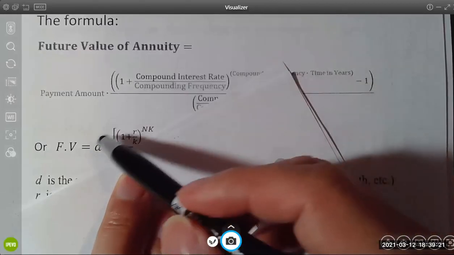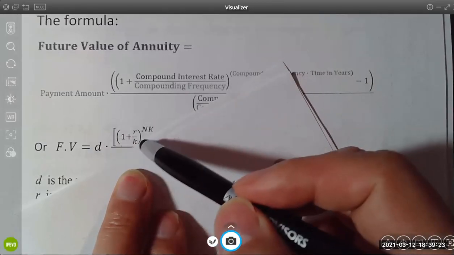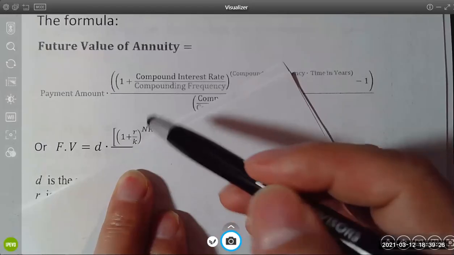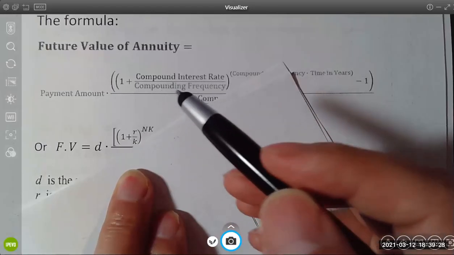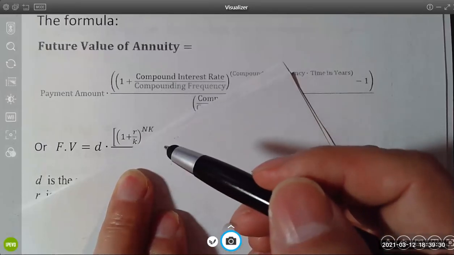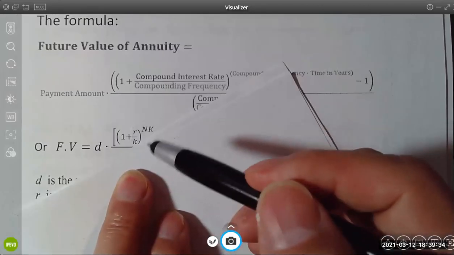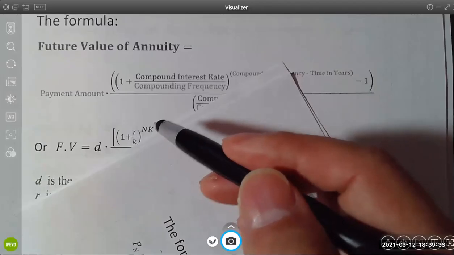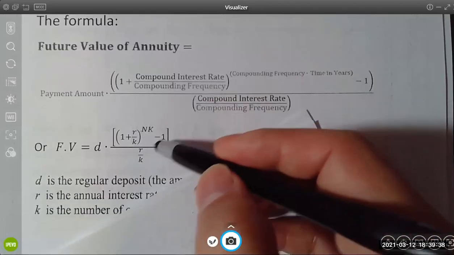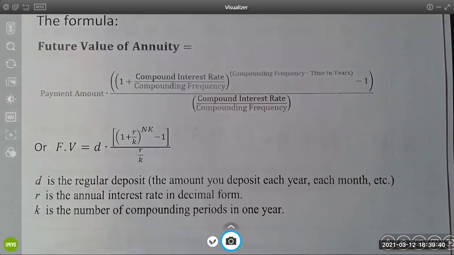That's why we have this in the annuity future value formula, because an annuity account is also a compound interest account. The only difference is that you don't do a one-time deposit, you deposit repeatedly. That's why we have some extra stuff in the formula to account for those repeating deposits.